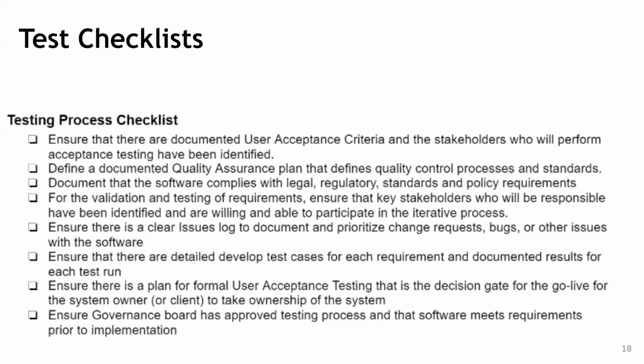And also ensure that there's a plan for user acceptance testing. So you've planned for user acceptance testing. Now make sure, as I mentioned before, that there's a plan to include users, because user acceptance testing is what lets the team which is developing, or the team managing the project, know that the system is ready to go live.